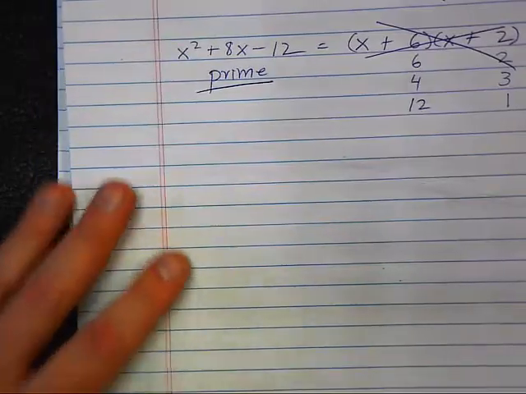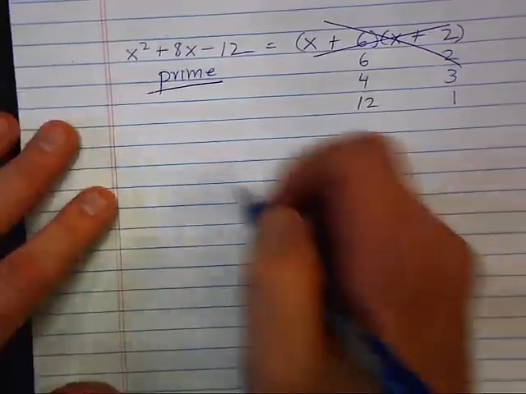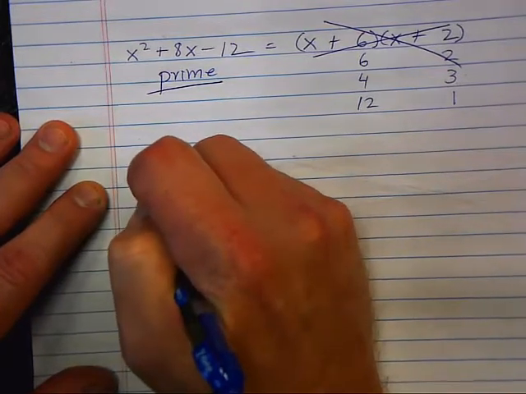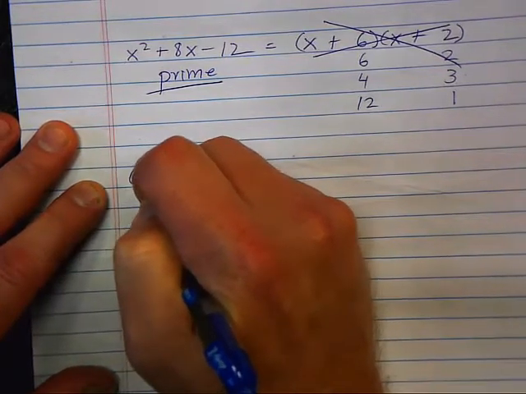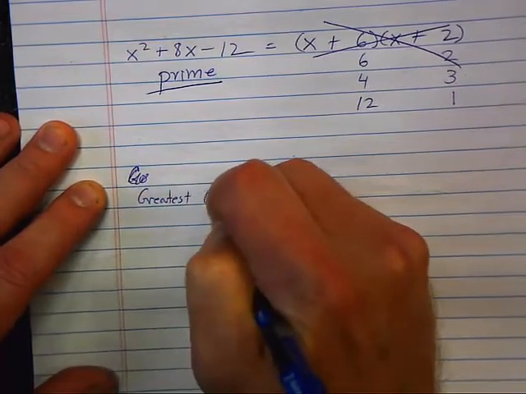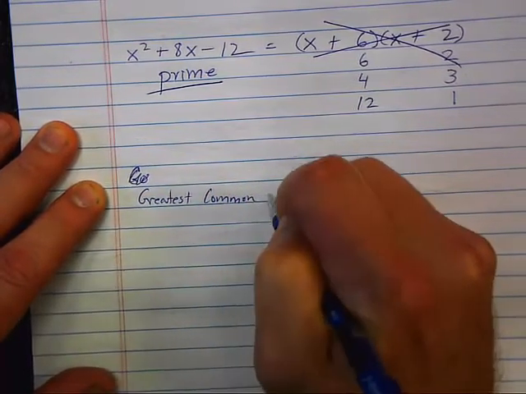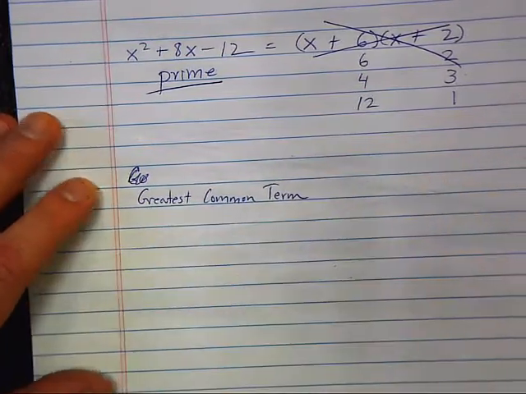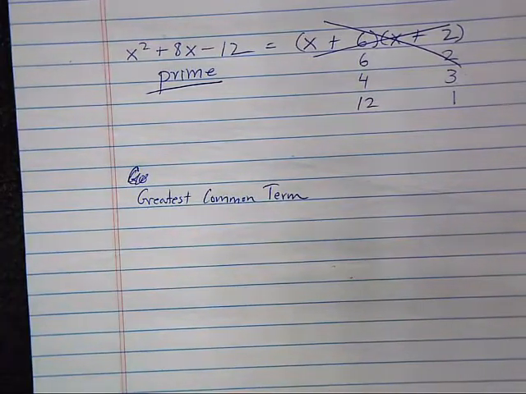Okay, the other technique we're going to talk about for factoring is called greatest common term. And again, this is really the opposite of some multiplying that we did the other day.